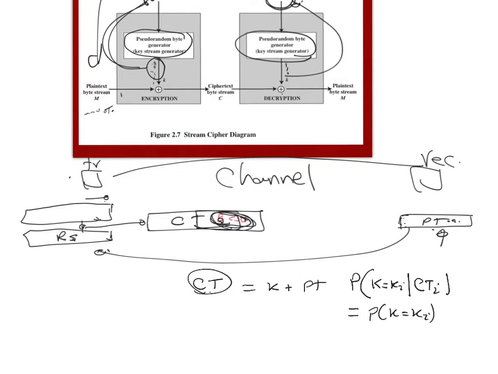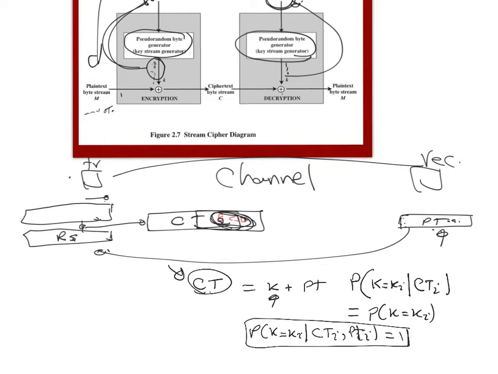What does that mean? This means that if you know only the cipher text, it doesn't add to you anything. You have to guess the key using brute force. But the probability that the key takes a certain value, given that you know CTi and 1 PTi, is equal to 1.